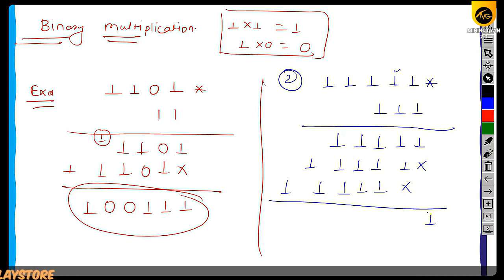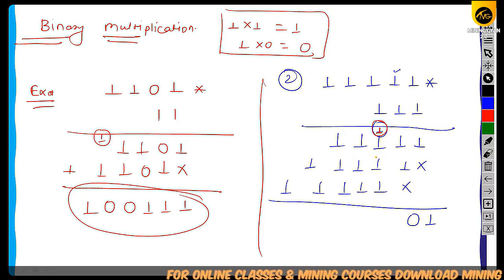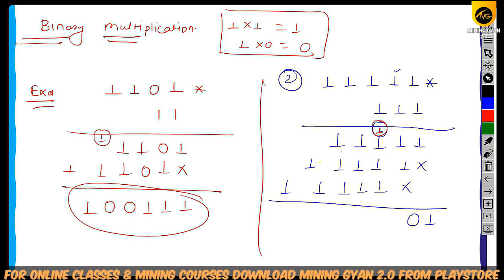So 1 is 1. 1 plus 1, it will become 0, and 1 will be the carry. Now 1 plus 1, okay. 1 plus 1, it will become 1 0. 1 0 plus 1. Okay, this is basically the challenging portion, because the addition is going to three digits. Now suppose 1 plus 1, it will become 1 0.